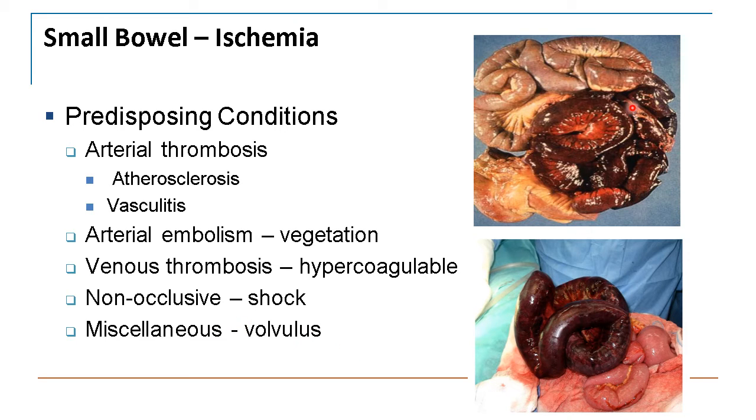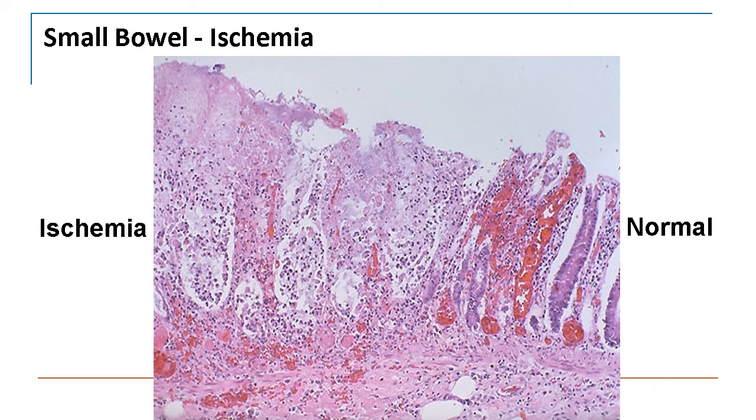This is the ischemic lesion of part of the intestine, with sharp demarcation between the viable and non-viable parts of the intestine. Microscopically, this is the normal area of the small intestine with villi like this, which contain red blood cells.